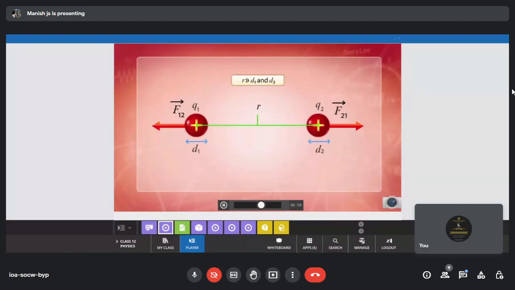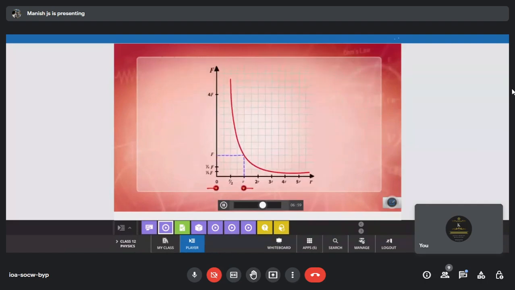From the experiment, Coulomb found that the force F acting between the point charges is inversely proportional to r squared. If we plot the force versus distance curve on graph paper, we will get a hyperbolic curve.